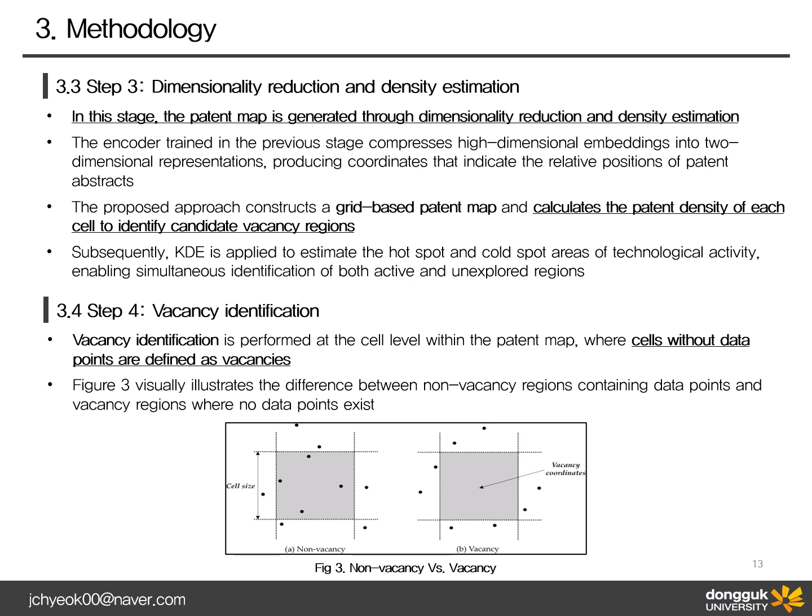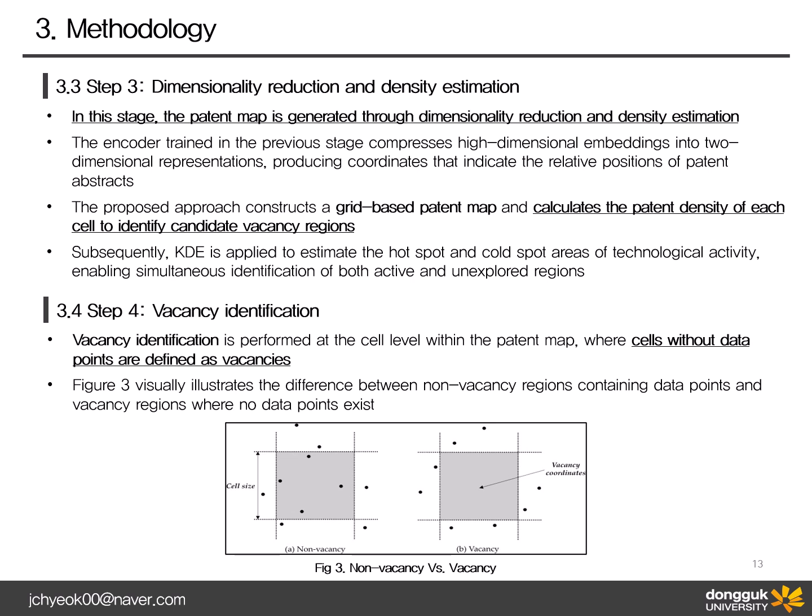The autoencoder trained in the previous step compresses the high-dimensional embedding into two-dimensional representations, generating coordinates that indicate the relative position of patent abstracts. A grid-based patent map is then constructed, and the patent density of each cell is calculated to identify candidate vacancy regions.